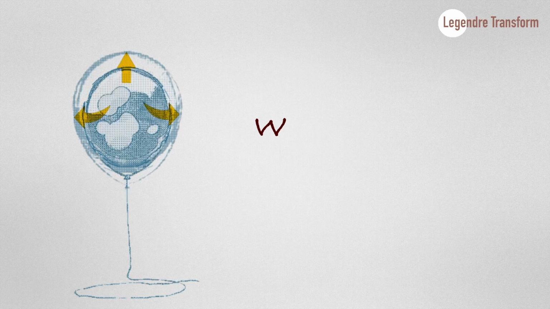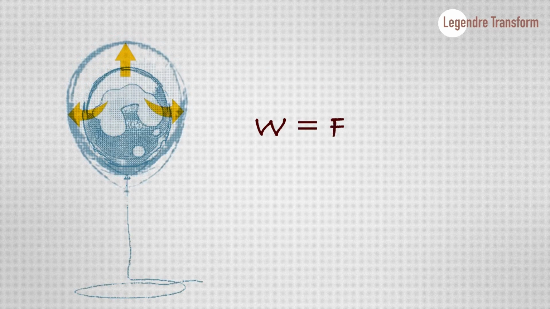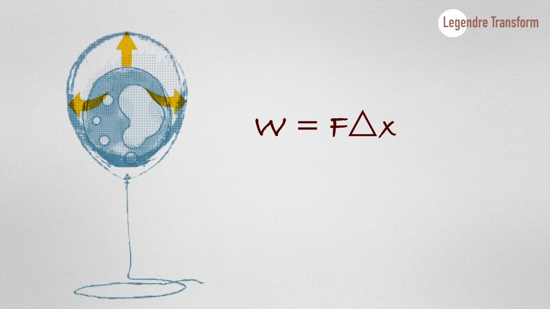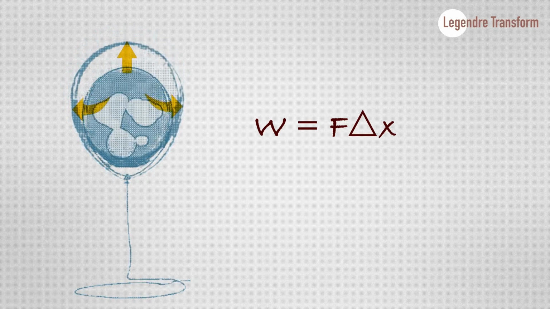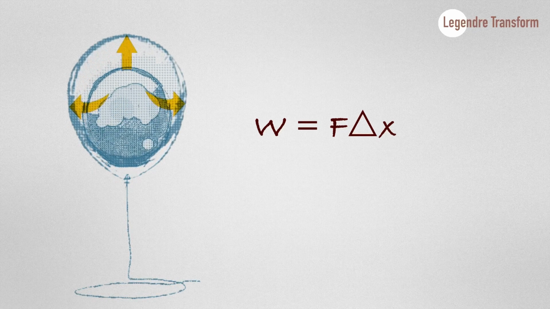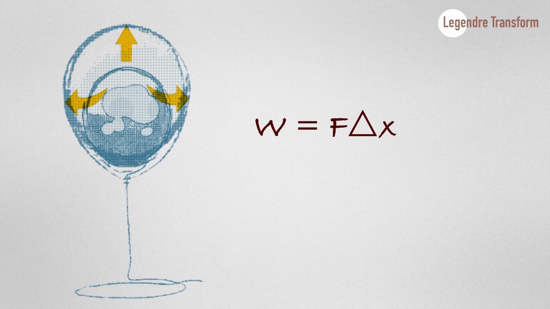So work is force times delta x, say. It's the force times the displacement. Now, we can picture the pressure inside of our balloon as the force, because it's a force inside of our balloon with some proportionality on area that we can neglect here.